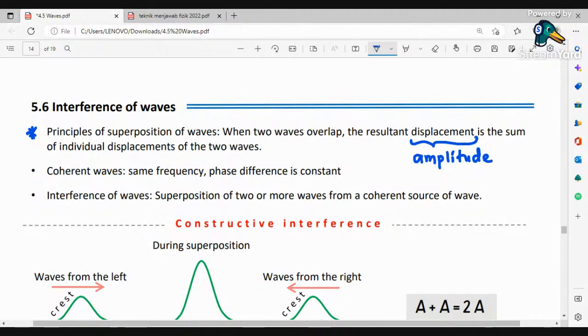Okay, as example, let's say the first wave coming, crest.